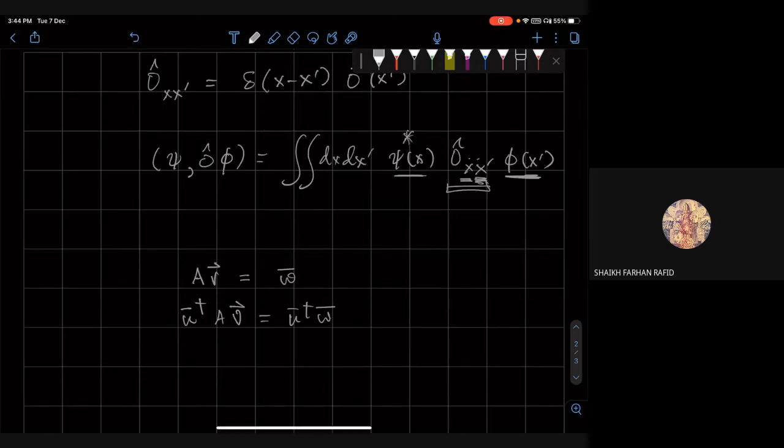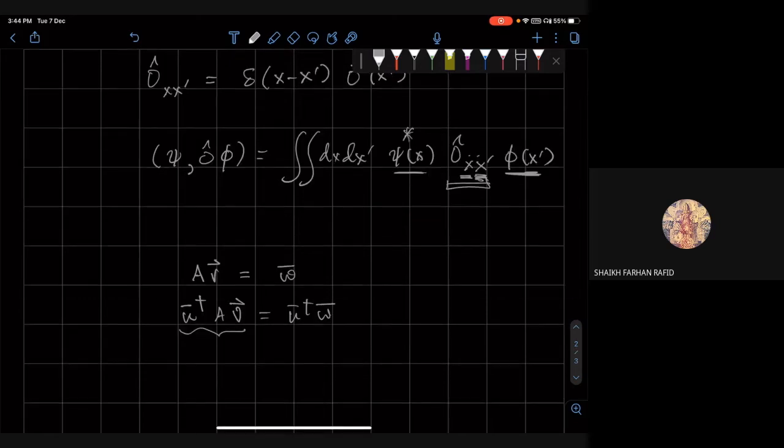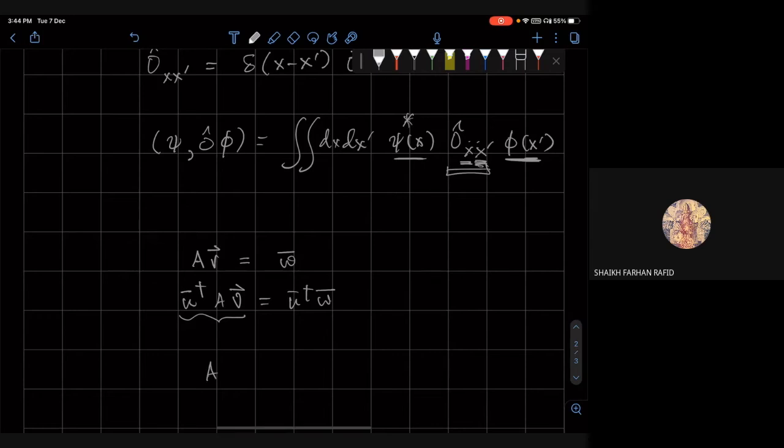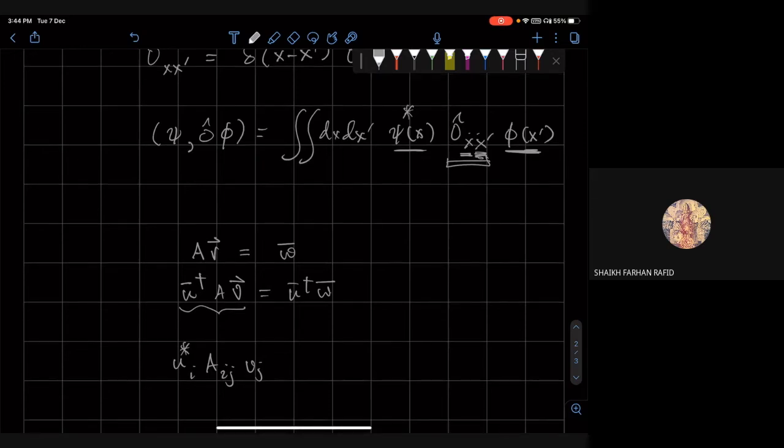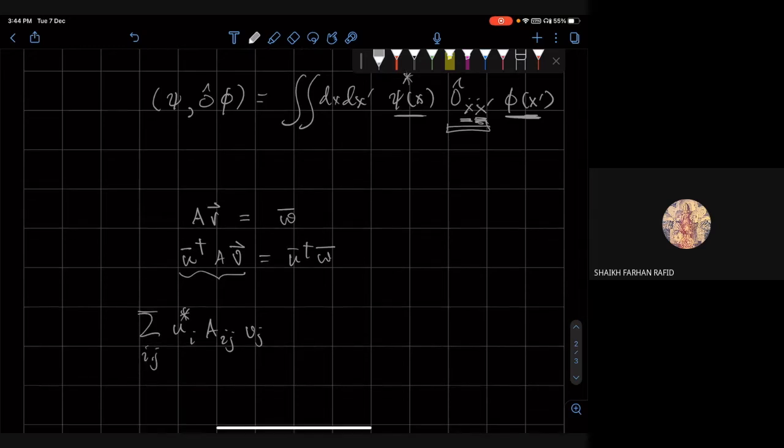If I write this in terms of its indices, it is a_ij, v_j, u star of i. So there are summations over i and j, but once I've written it like this, these are just numbers. We can just move them around.